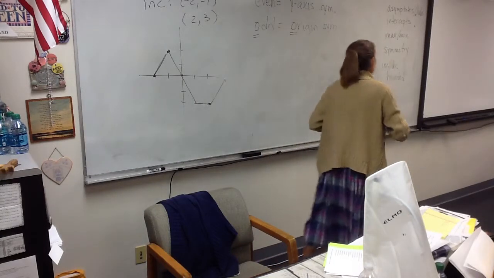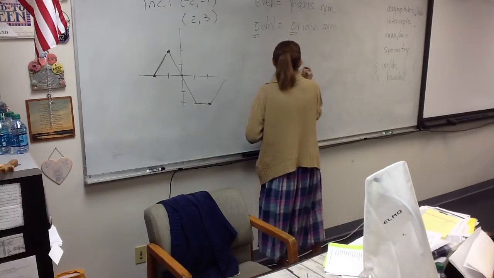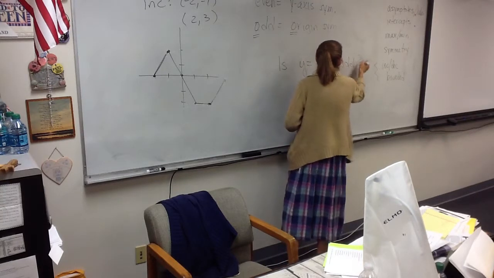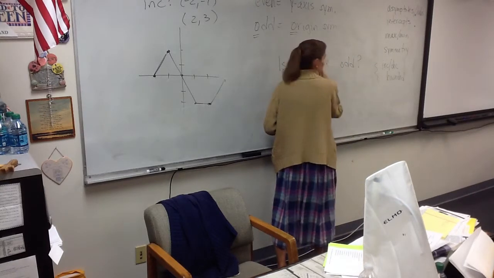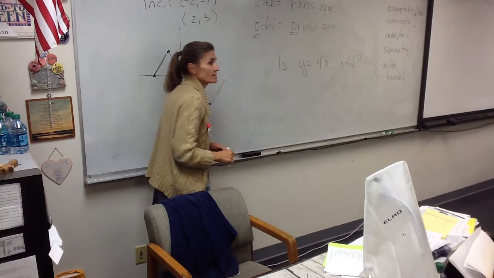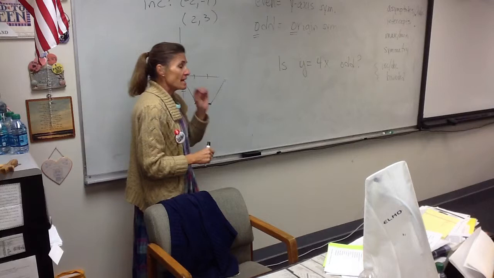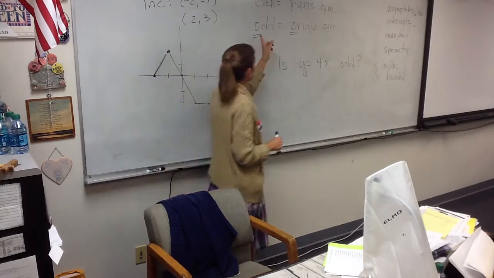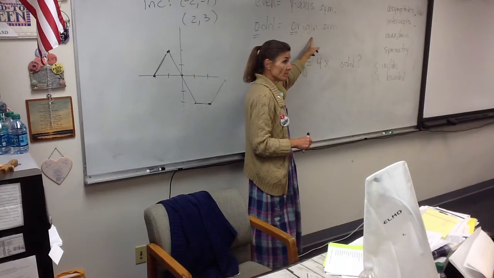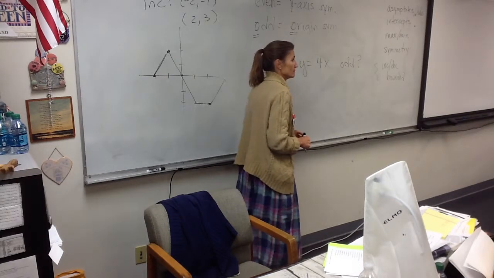So if someone says to you, is y equals 3x odd, and I don't want you to think anything with 3, so I'm going to make that a 4. Is y equals 4x odd? To answer that question, you would do the test of symmetry for the origin. And what is that test?